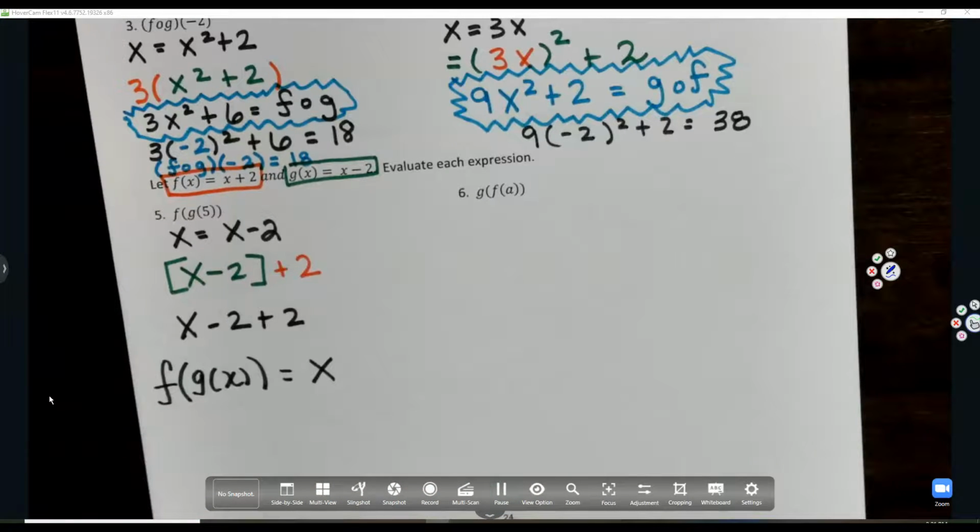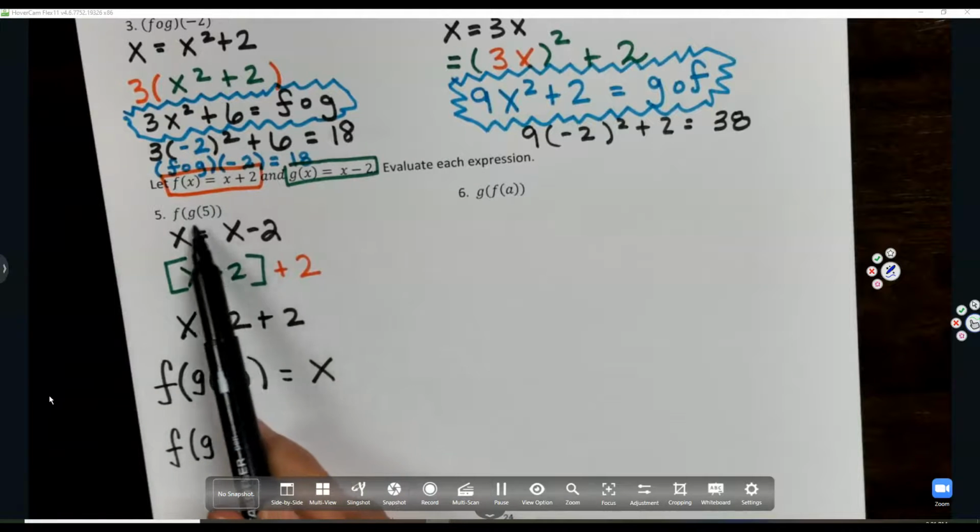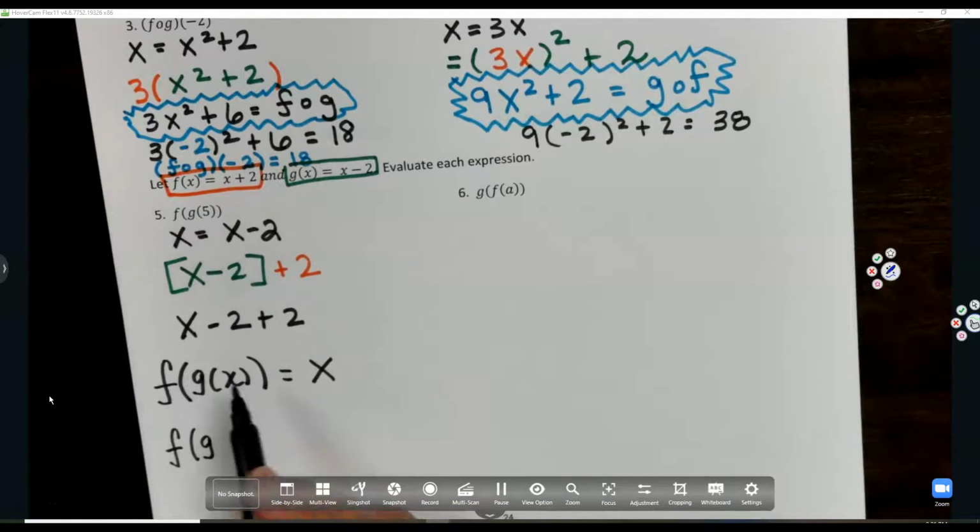Now let's plug in our input. So I'm going to rewrite this weird looking notation again. f of g. Now I'm going to rewrite it how the problem is. I'm going to put 5 in there. So remember that 5 is an input.